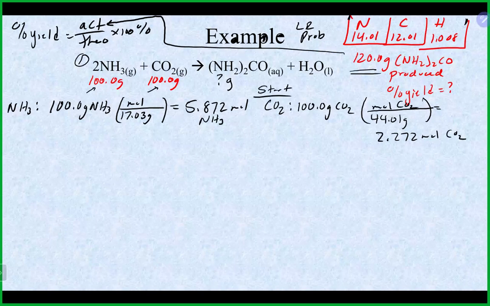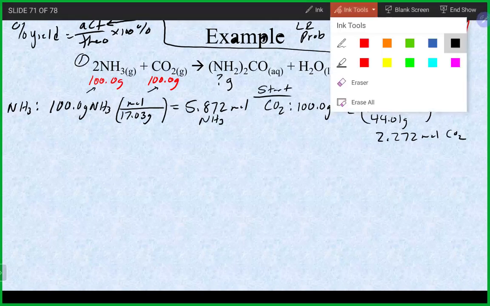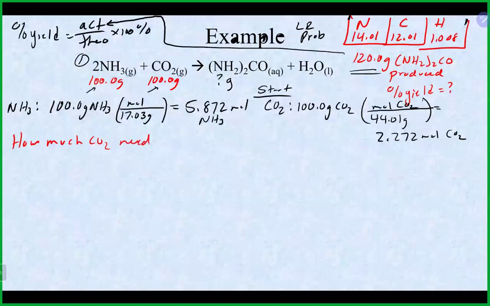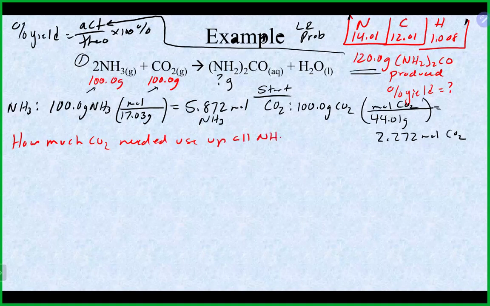So because it is a limiting reagent problem, we have to do our little calculation. In this case, I'm going to figure out how much CO2 is needed to use up all the NH3. So I'll take my 5.872 moles of NH3. I need to go to the equation, find the mole-to-mole relationship between those two.